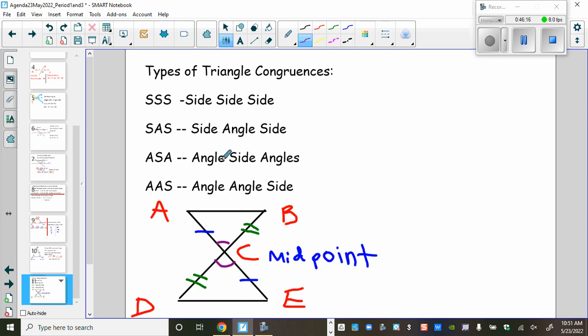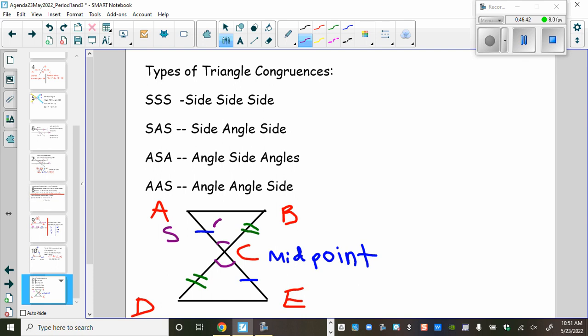So basically, what type of triangle congruence would we have here? Well, think about the order. What did we see first? This is from A to C. That begins with an S. That's your side.